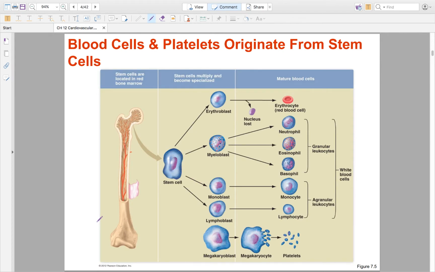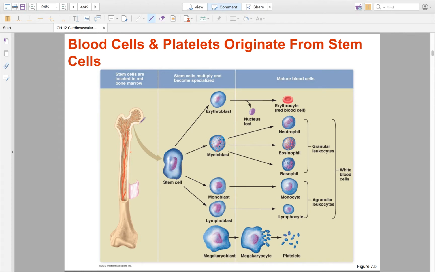Let's go back to the beginning of blood cells, white, red, and platelets, and see where they come from. You may or may not already know this, but we get all of our blood cells and platelets from our stem cells. Not all of them, but a lot of our stem cells are found inside of red bone marrow.